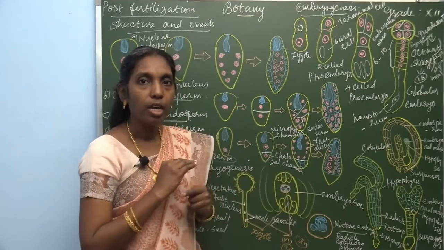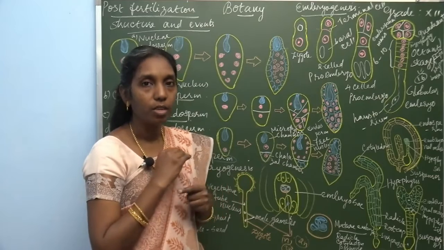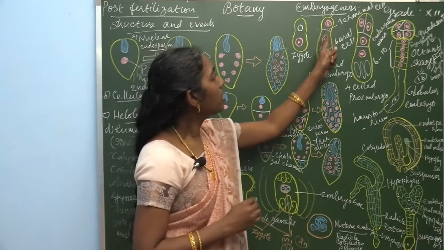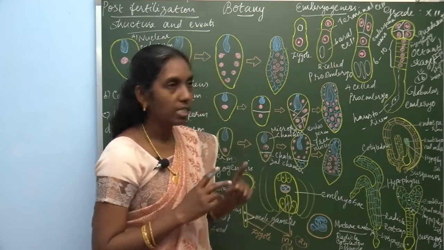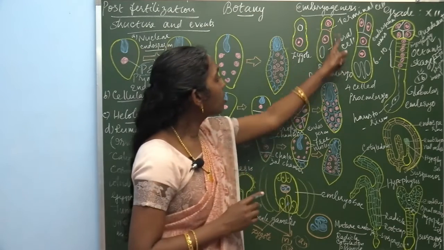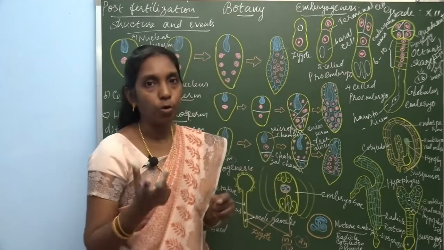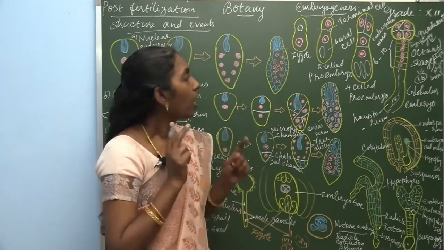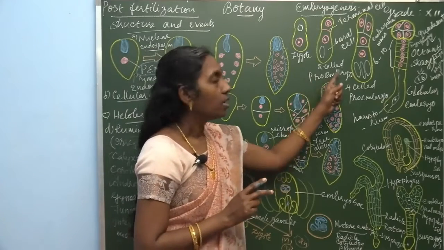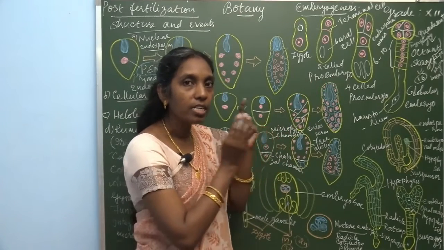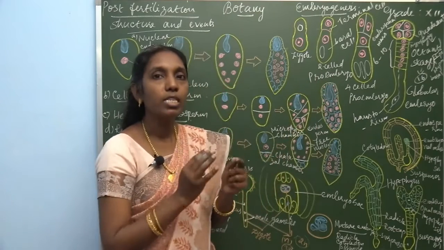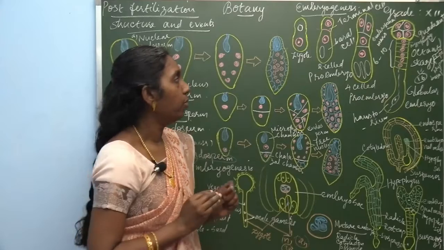So the zygote undergoes transverse division and becomes the terminal cell and the basal cell. This stage is called the two-celled proembryo.